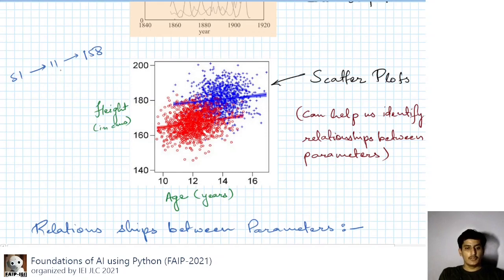So for that, we would go somewhere over here at 11, and then at 158, I put up a point like that.